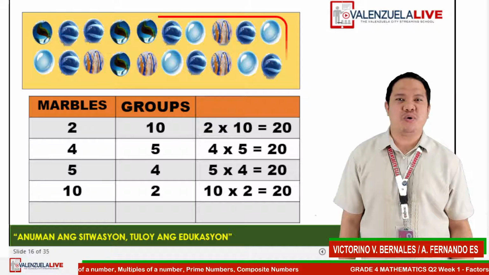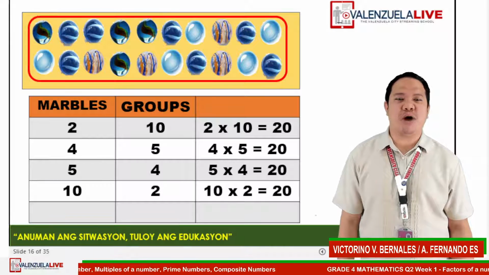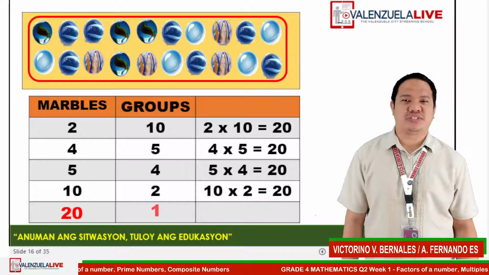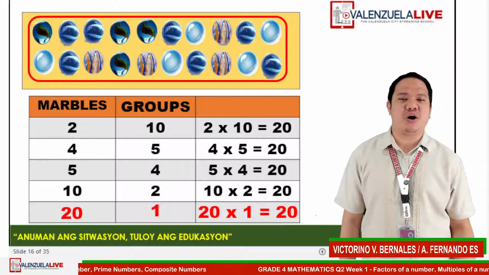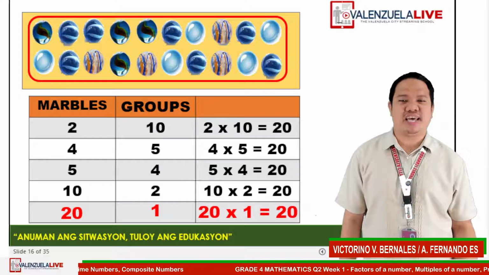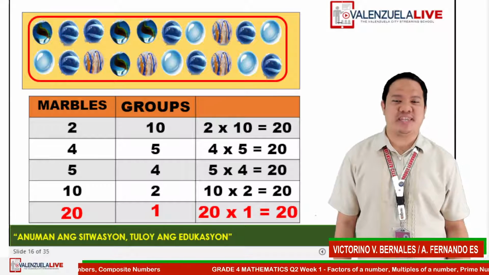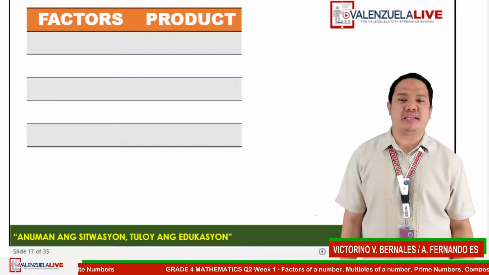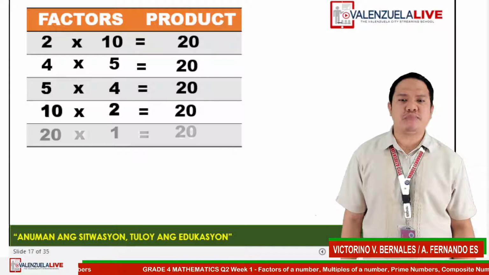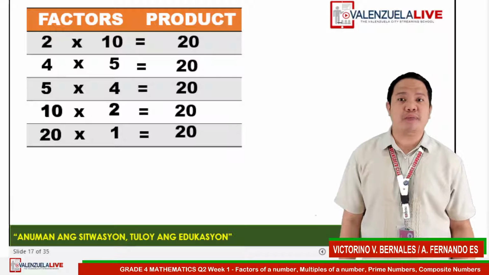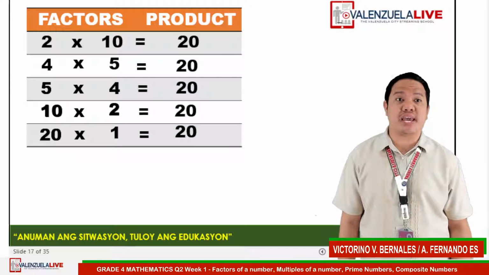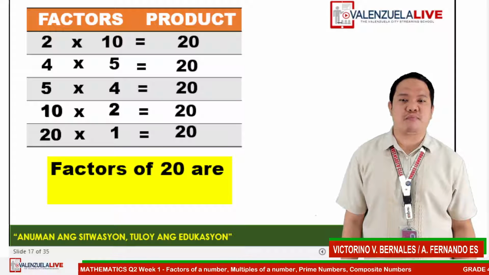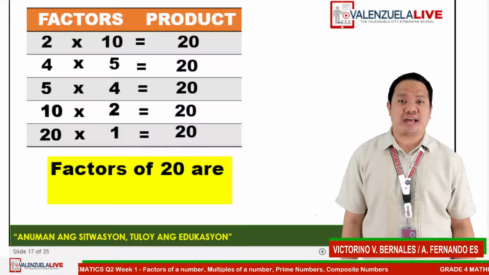And so, we have one group of 20 in which 20 multiplied by 1 is also equal to 20. Now look at the table that we made. Even though we multiply different numbers, we are able to get the same product, which is 20. These numbers that are multiplied together are called factors of 20.